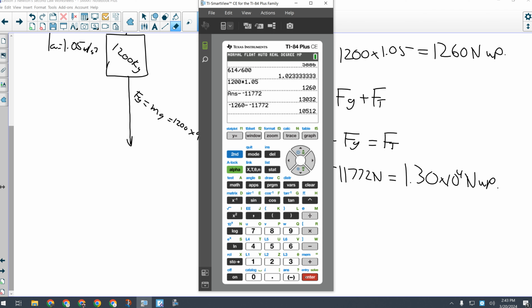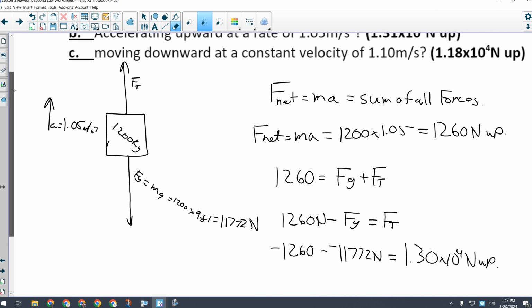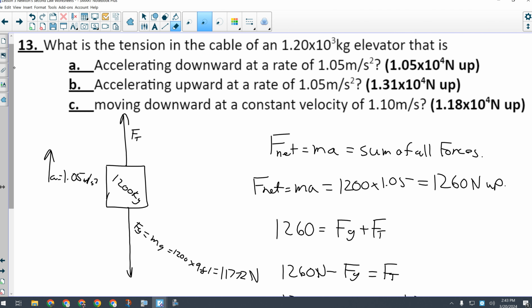All right, now the real trick, the one that gets people, especially if I ask it on a test, is part C. You've already done all the math required to do this question, but it throws people off. What are the two key words in that question?